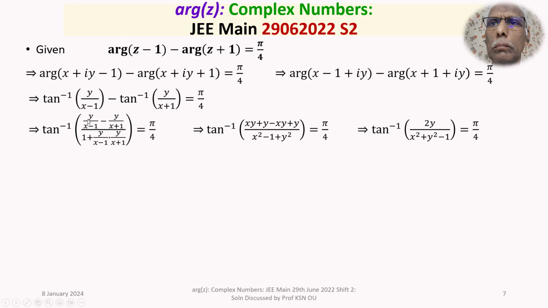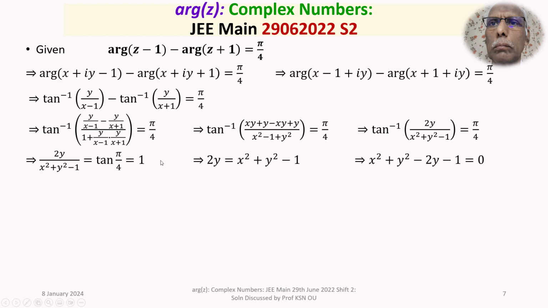After taking the LCM, it will be y into x plus 1, that is xy plus y, minus y into x minus 1, that is minus xy plus y, by x square minus 1 plus y square, equal to pi by 4. In this, xy cancels, and this is tan inverse 2y by x square plus y square minus 1 is equal to pi by 4. That implies 2y by x square plus y square minus 1 is equal to tan pi by 4, which is equal to 1.